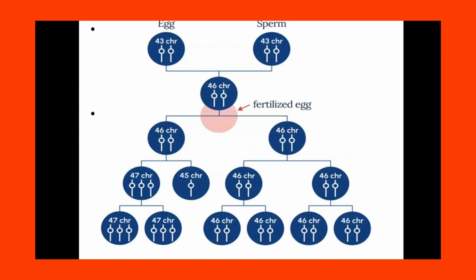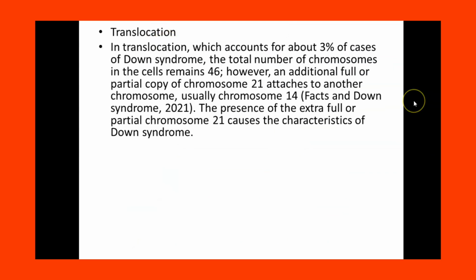And this is the picture here. At that fertilization, you can see some having 46. This 46 chromosome is normal, but some will now have 47, some 45, some 46. So it is that 47 that is always showing the Down syndrome character.